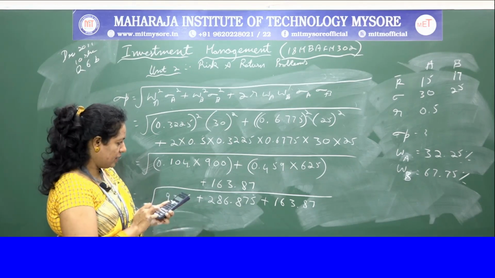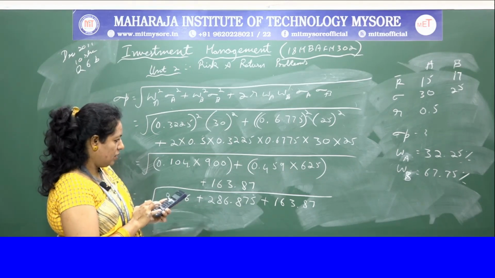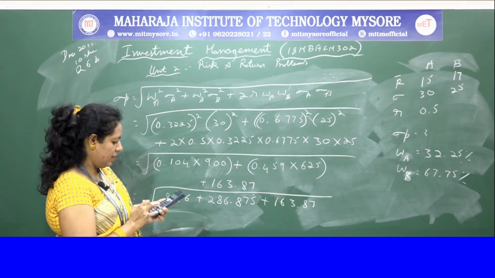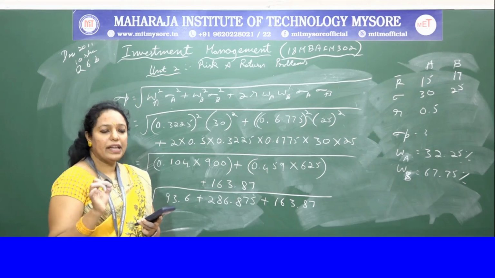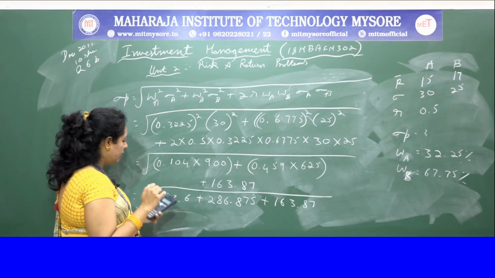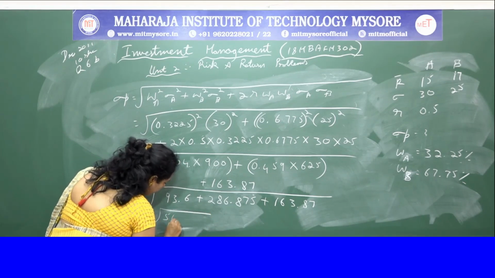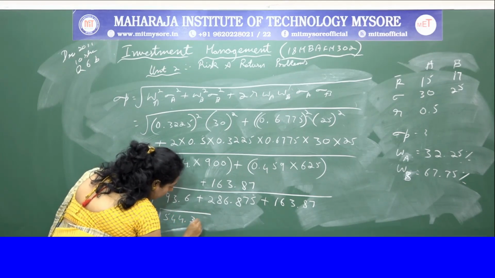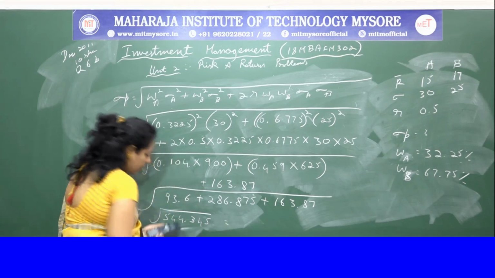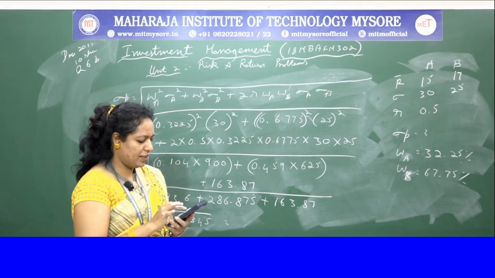Plus 163.87 plus 93.6. Total you get 544.345. So I'll write here 544.345. So we have to do the root of this.